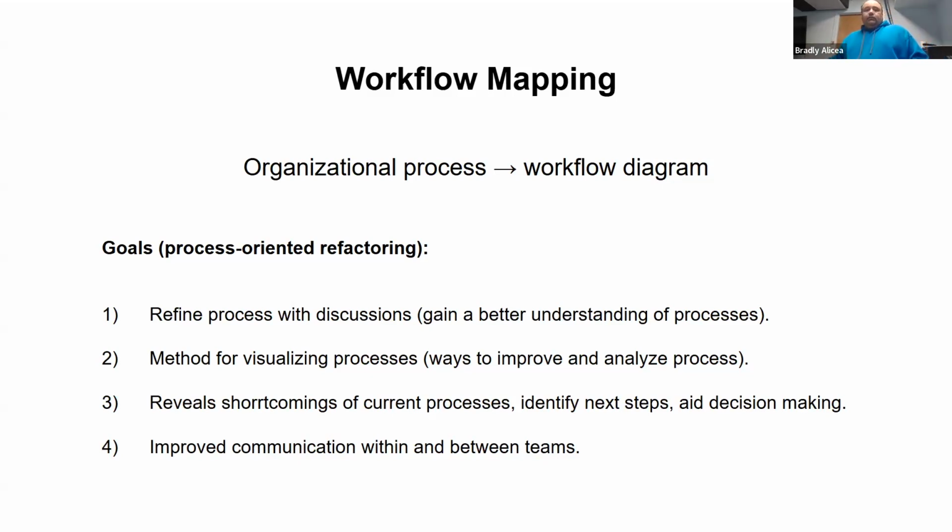So any organizational process can be converted into a workflow diagram. Usually they're boxes and arrows. I'll show you an example in the next slide. But we want to keep this at the level of thinking about this as a system.